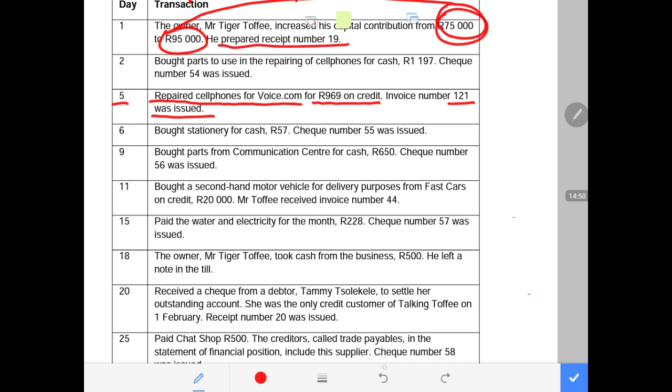Therefore, whenever we do something for a customer or a client, and after we have done something for the client, the customer doesn't pay us, he becomes what you call a debtor. Debtors are the people who owe us money. Therefore, our debtors will increase by an amount of 969, and our income will increase by the same amount of 969.